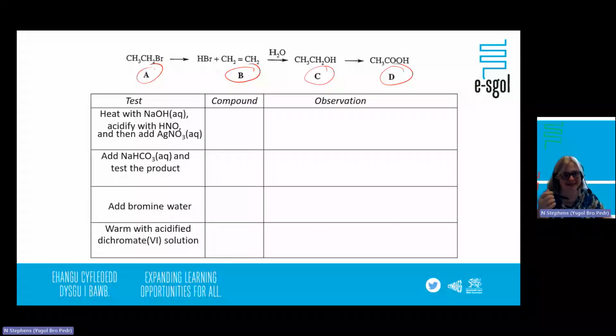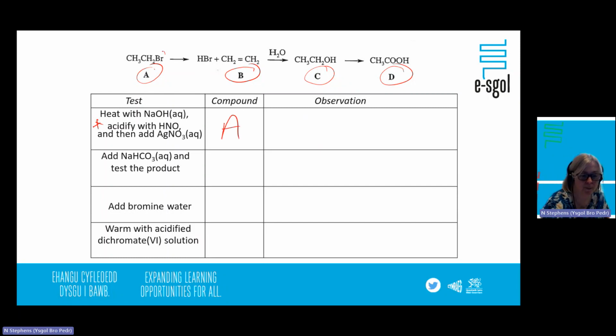So once you've identified the functionality of the unknown compounds A, B, C, and D, then it is simply a case of spot the test for the right family. In this case, this here is clearly a test for halogenoalkane, so that would be identifying A then, and you'd expect, because it is a bromo, a cream precipitate.